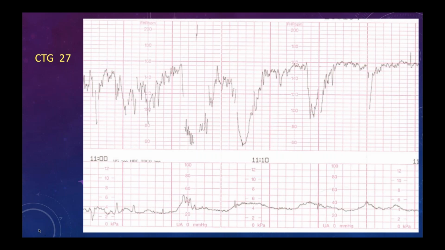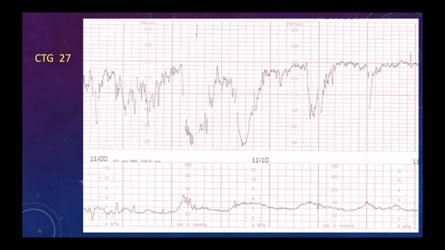3 contractions per minute, but mild contractions. Baseline about 150, 160. No acceleration, but we have multiple decelerations and variable decelerations also.